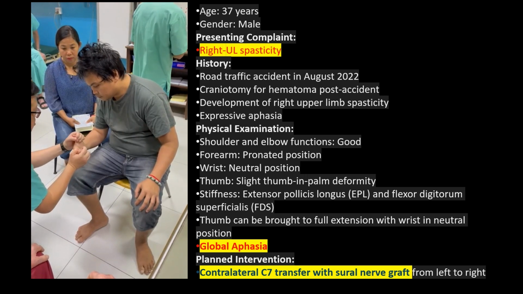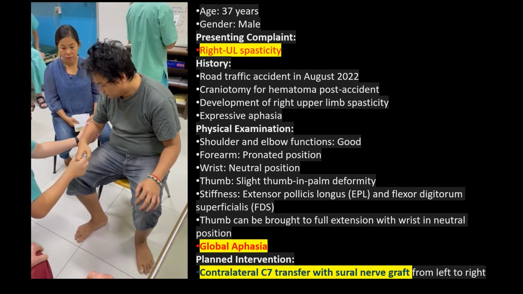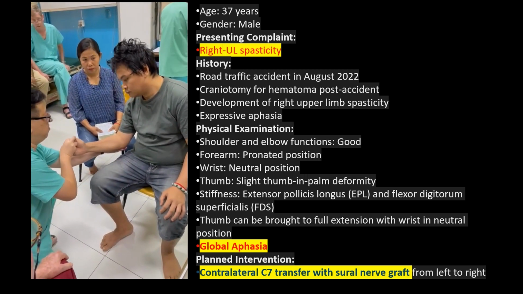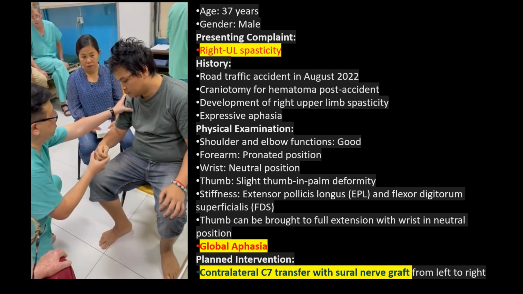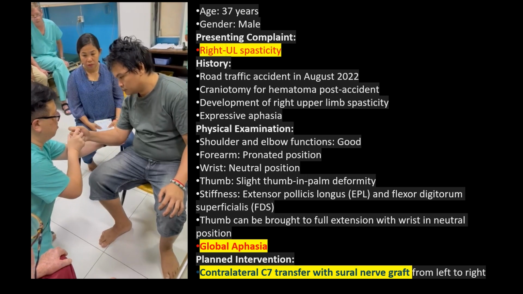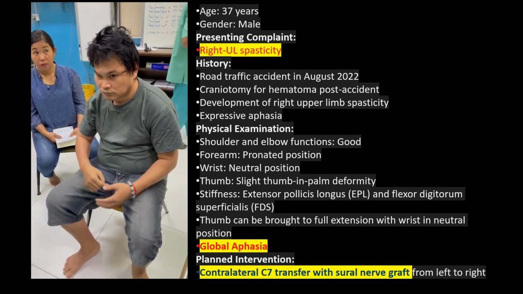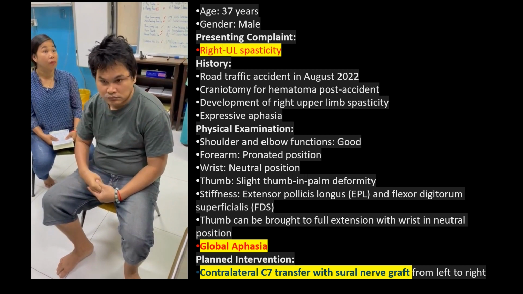The main findings are the shoulder and elbow functions were good, but we can see that the forearm is pronated, the wrist is in a relatively neutral position, and the thumb has a slight thumb-in-palm deformity. And there's stiffness noted in the extensor pollicis longus and flexor digitorum superficialis.